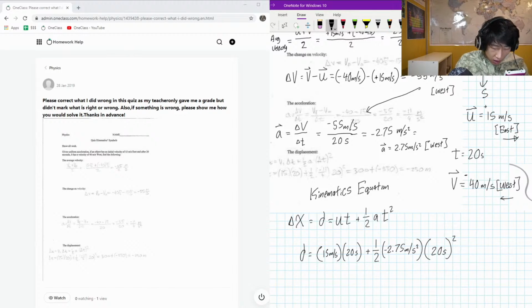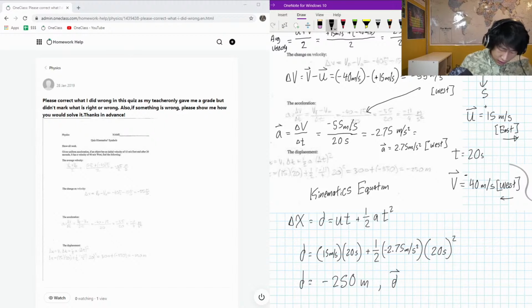Now I'm going to send this all through my calculator to figure out the numerical answer. 15 times 20 plus 0.5, that's the same as divided by 2, times negative 2.75 times 20 squared. And my result for this is d is equal to negative 250 meters.